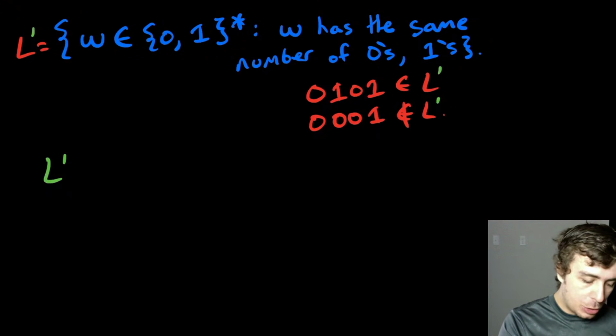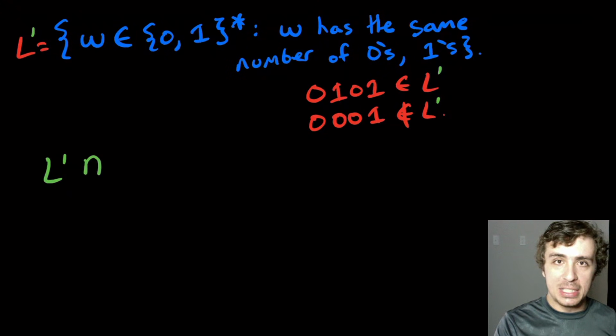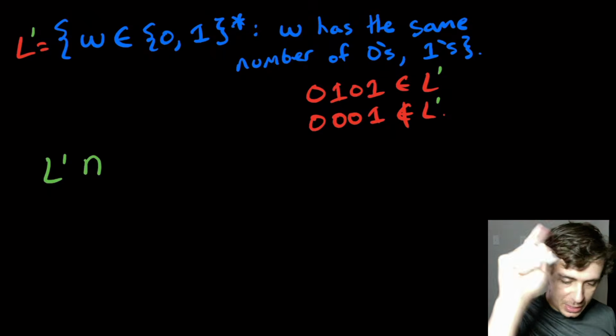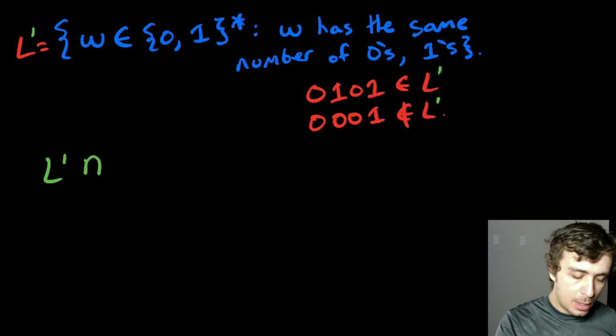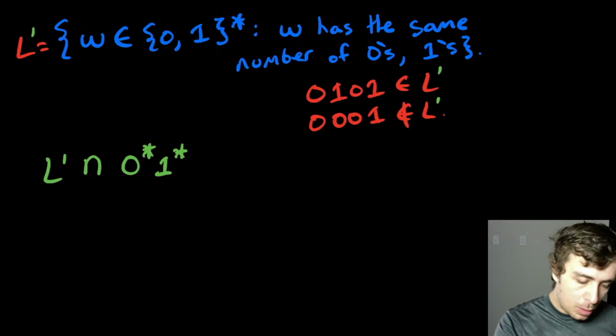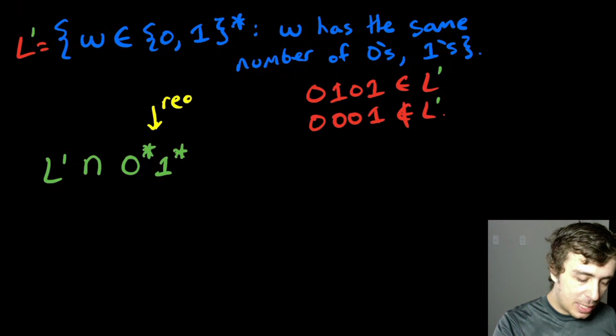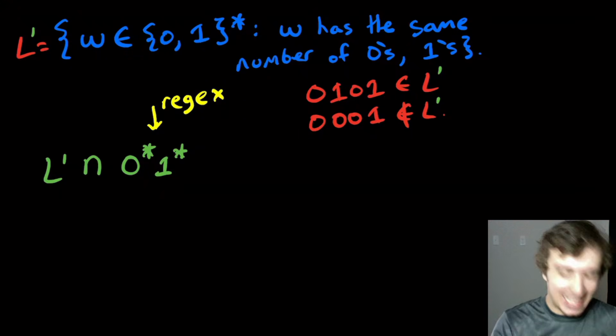So what I'm going to do is intersect this language, this same-number language right here, with the set 0 star 1 star. We know that this thing right here is regular because it is a regex.